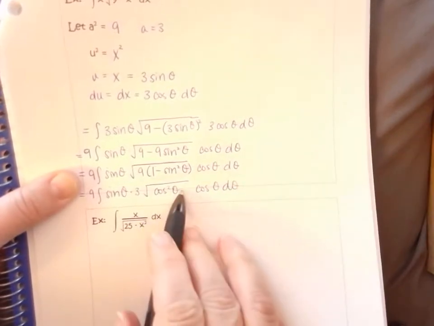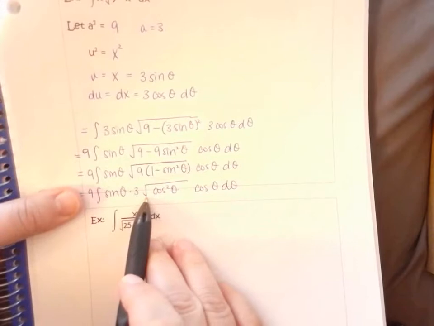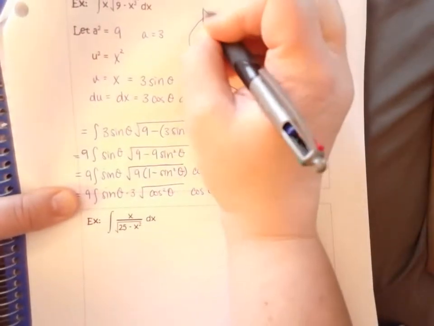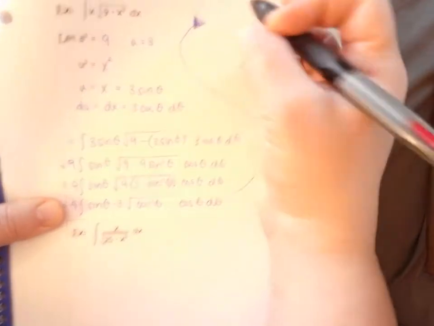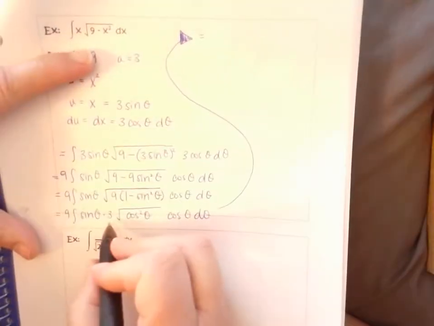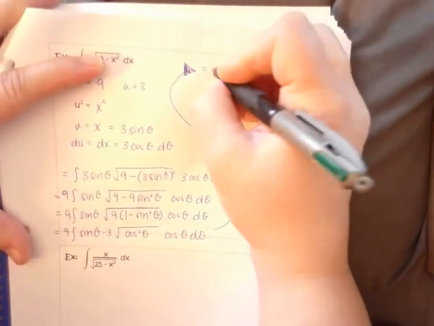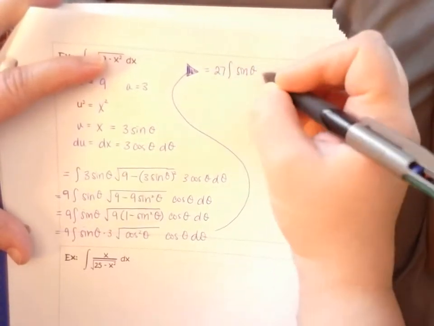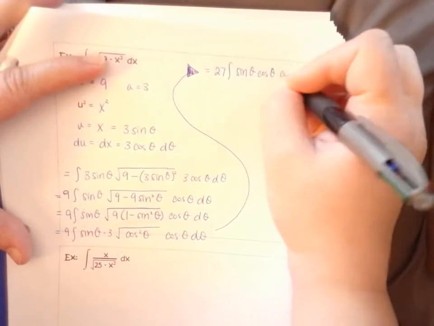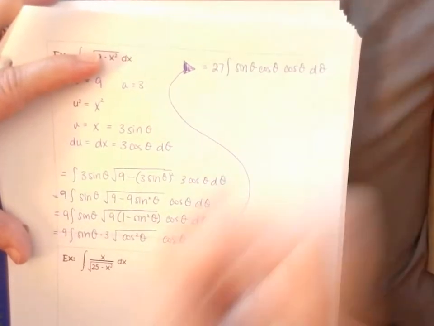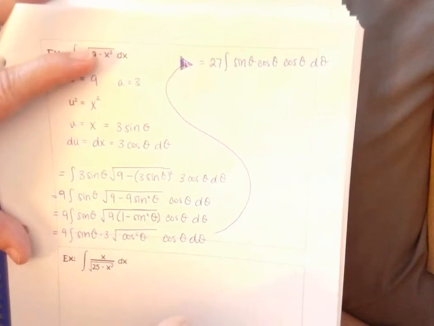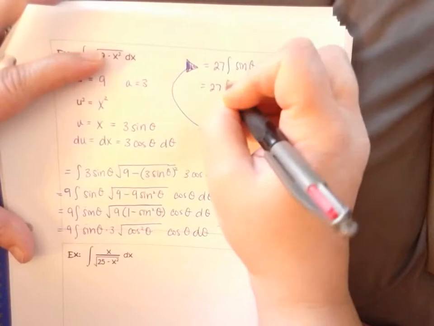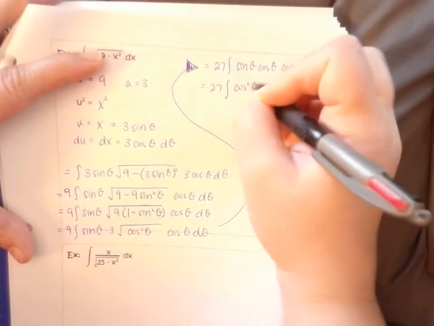Hopefully you can see why I would do that, because now if I take the square root of a square, and also bringing this 3 out front, I get 27 times the integral of sine theta times cosine theta times cosine theta d theta. You see where I'm going with this? Cosine theta times itself would be cosine squared theta.